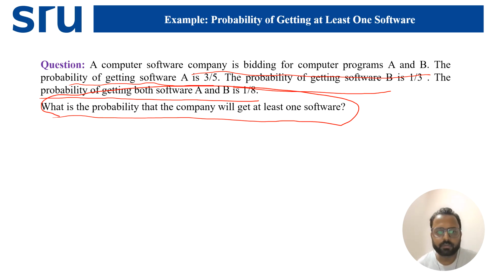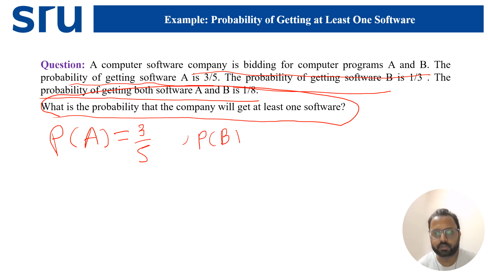So the probability of getting software A is 3 by 5, the probability of getting software B is 1 by 3, and the probability of getting both software A and B is 1 by 8.